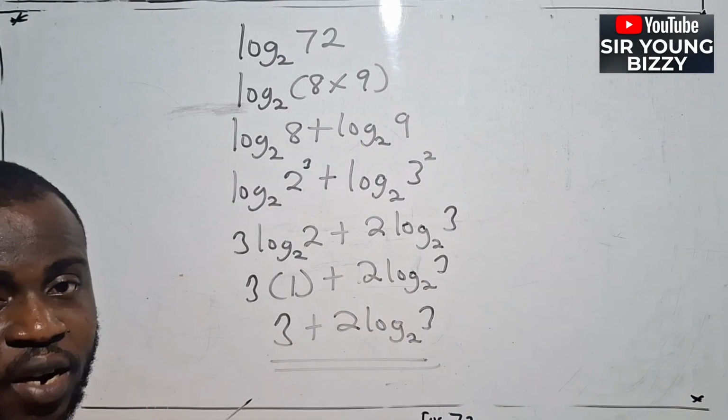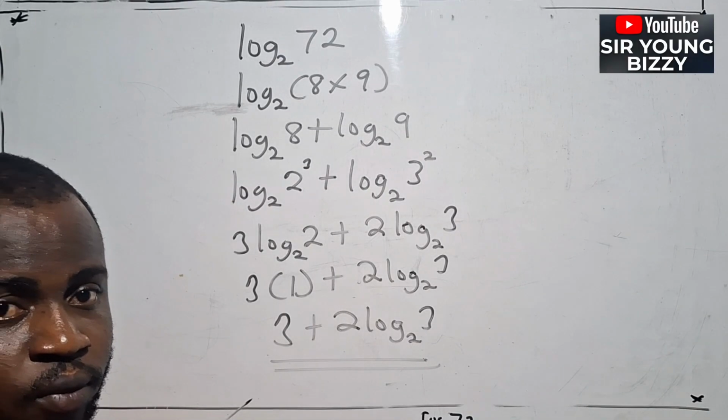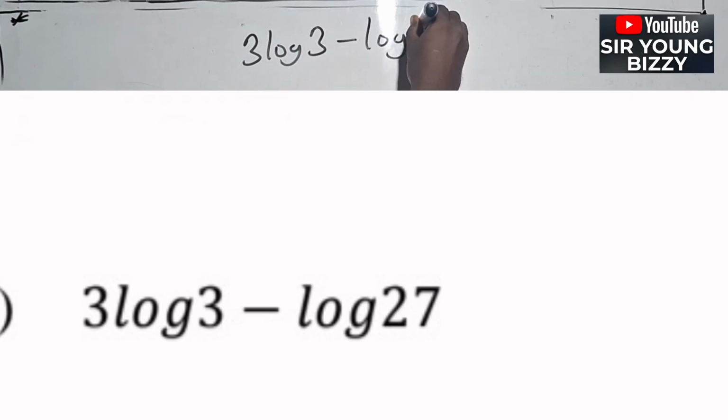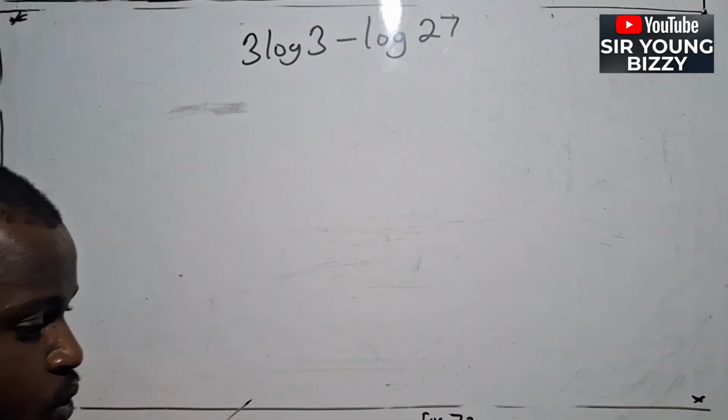So we are going to take another question on this. As the question is posted on the screen, we have 3 log 3 minus log 27. We have to express this as a single log.